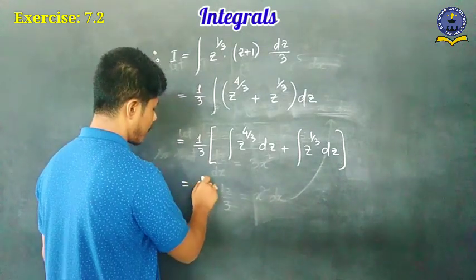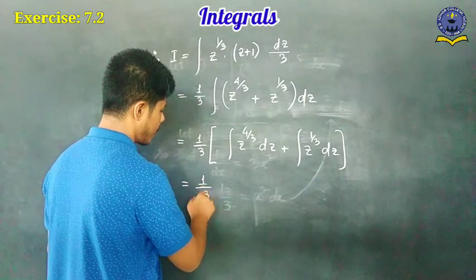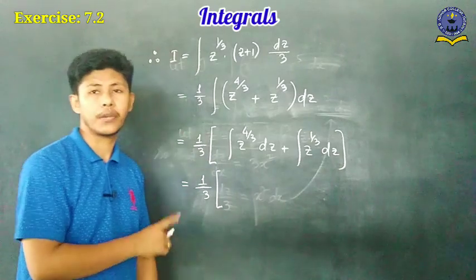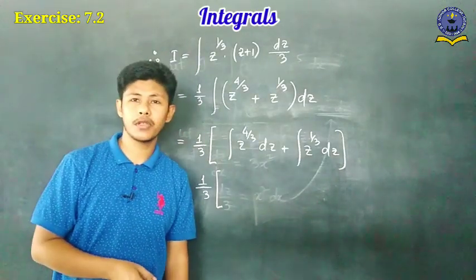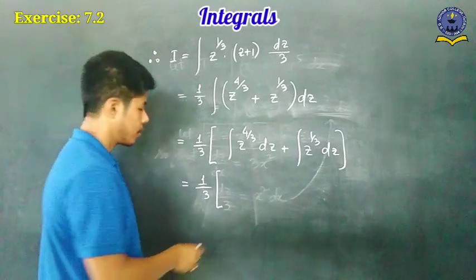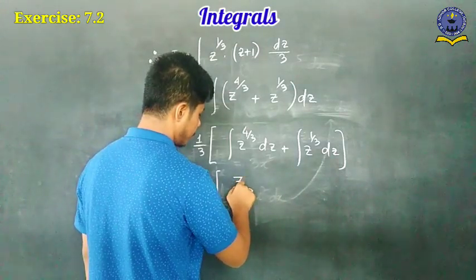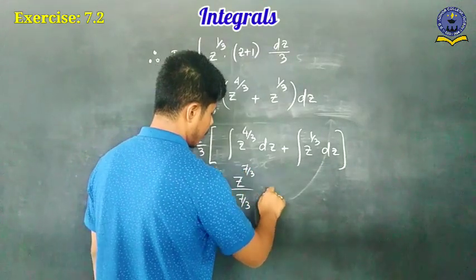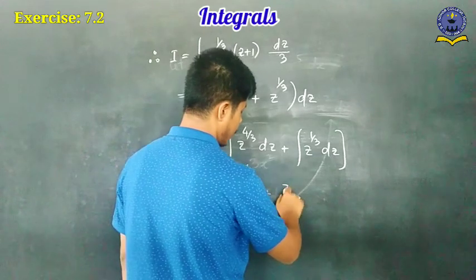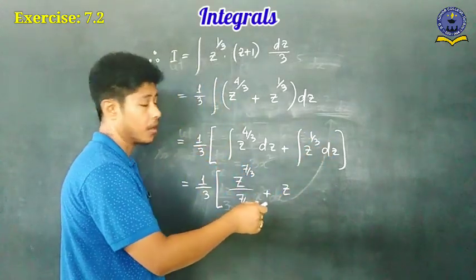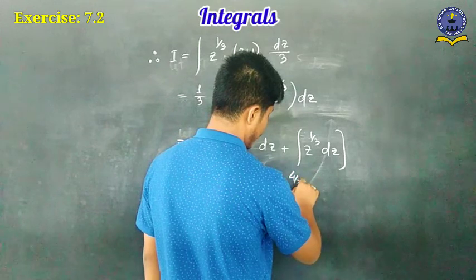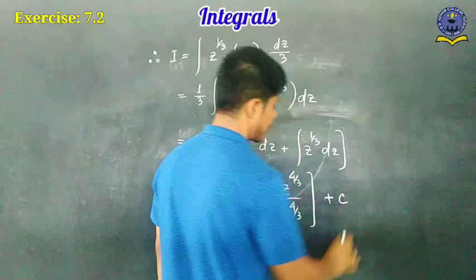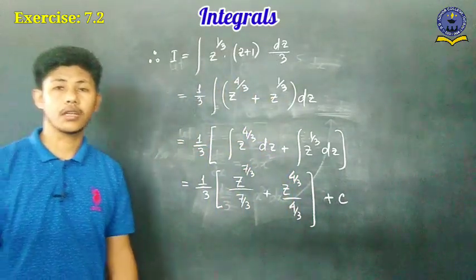If we apply this formula, we get 1 by 3 constant term, then z to the power 4 by 3 plus 1. 4 by 3 plus 1 is 7 by 3, so z to the power 7 by 3 divided by 7 by 3, plus z to the power 1 by 3 plus 1, that means 4 by 3, divided by 4 by 3, plus c, where c is an integrating constant. Is it clear?